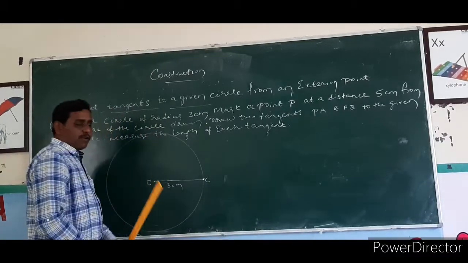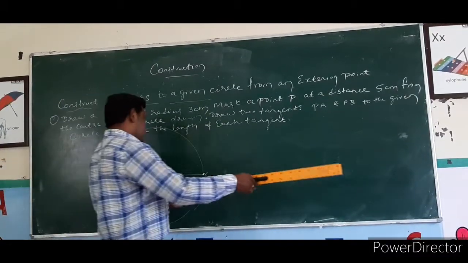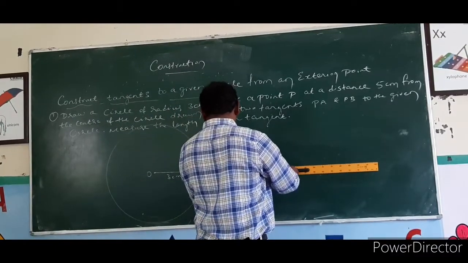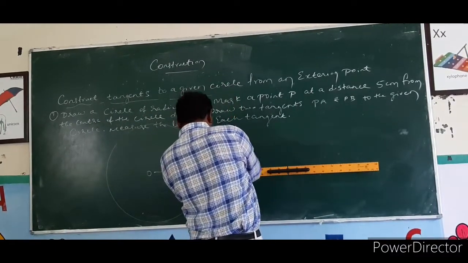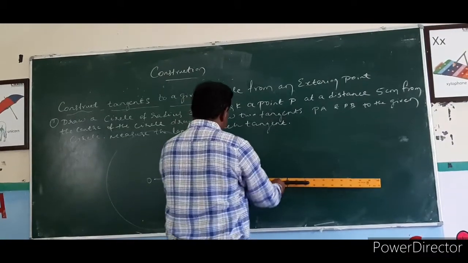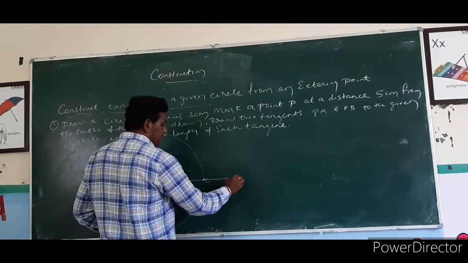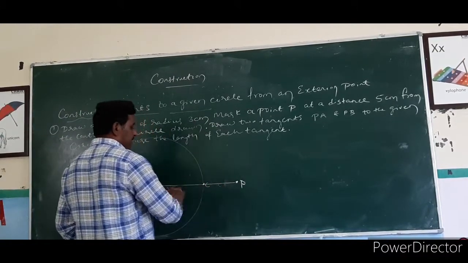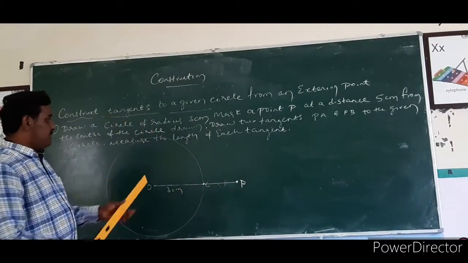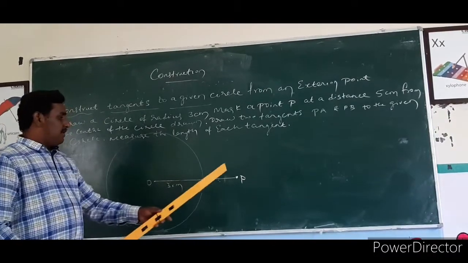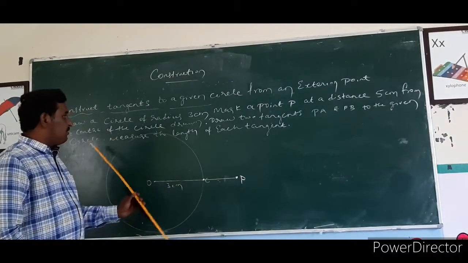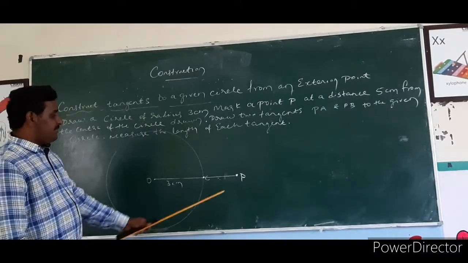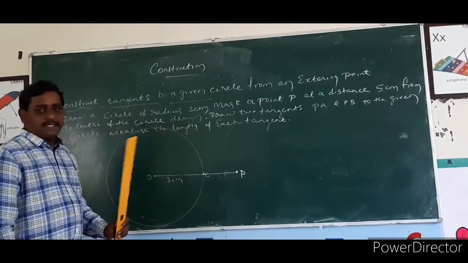We already drew 3 centimeter, so how many centimeter do we still have to add? Just 2 centimeter. You can extend the line. Here is the point P. 3 plus 2, total 5 centimeter. This is the distance between the external point and center. Now we have to draw tangents from this external point to this circle.